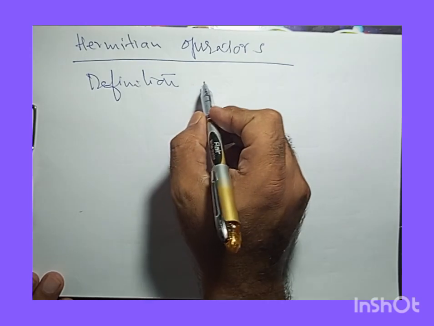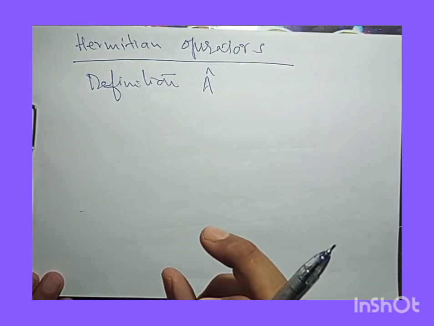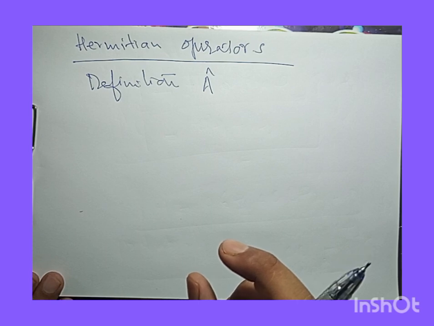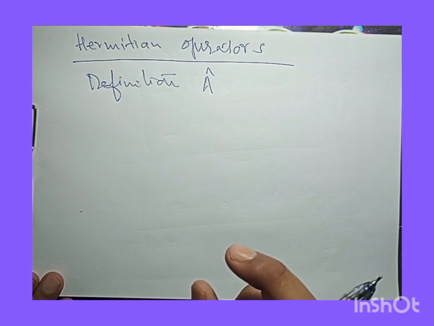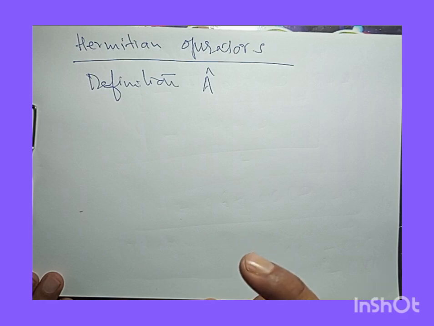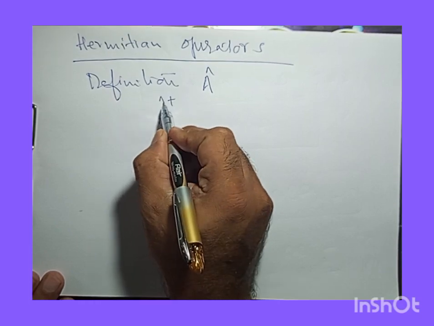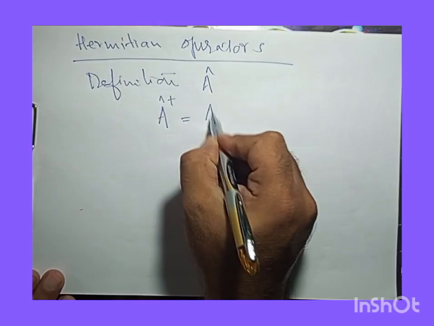suppose we have an operator, say A cap, on a Hilbert space. We call it Hermitian or self-adjoint if it satisfies A dagger equals A cap.